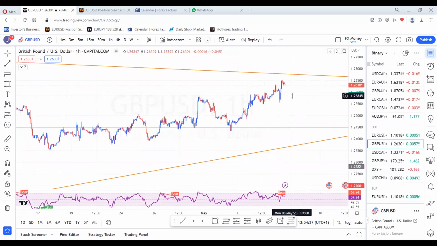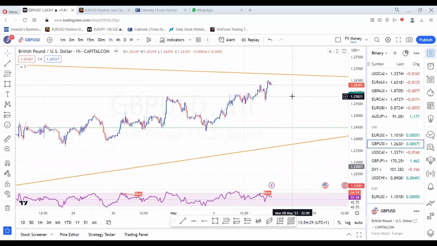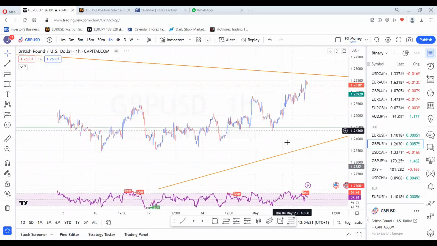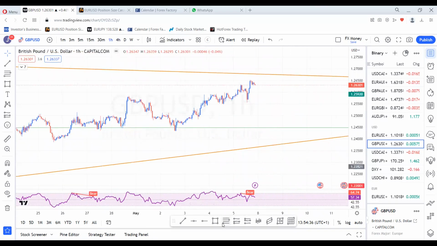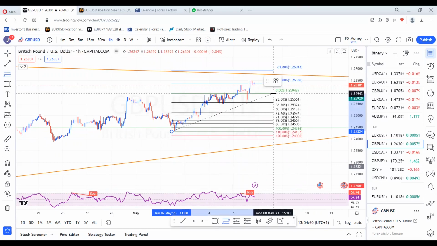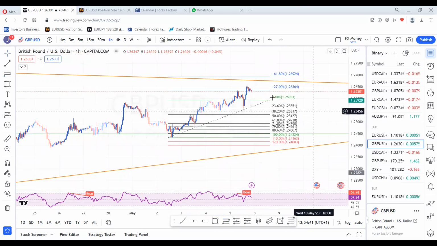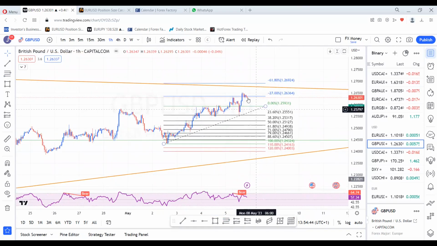Now, why am I looking for the sell I just showed you guys? Why am I looking for that sell? It's because if you take your last 1 hour fib from here to here, right, we see this hitting -27 and we can expect a bit of a retracement.